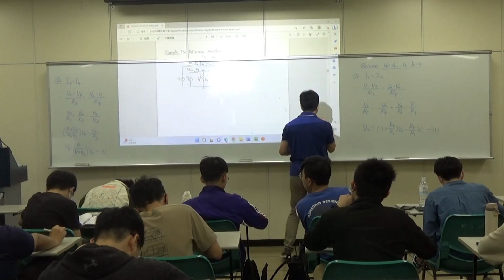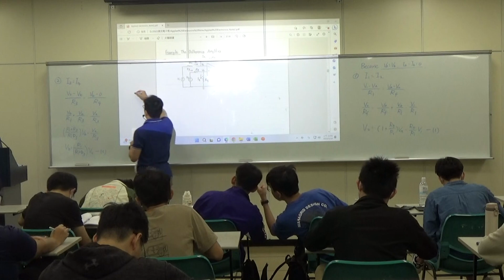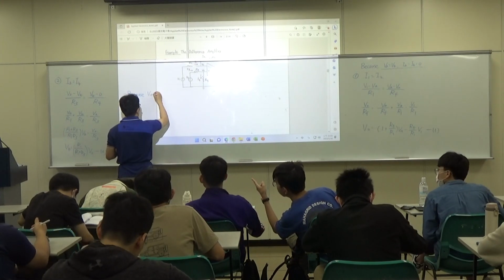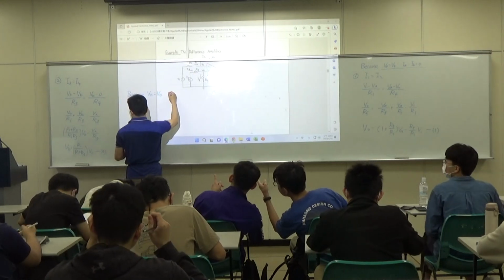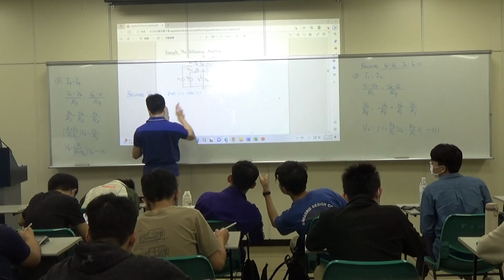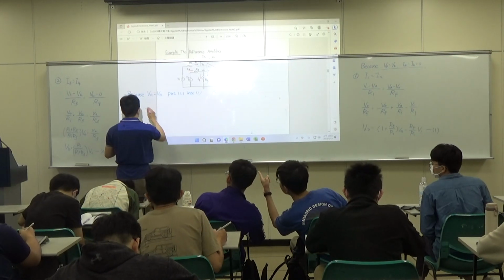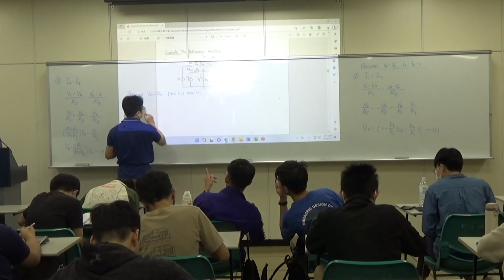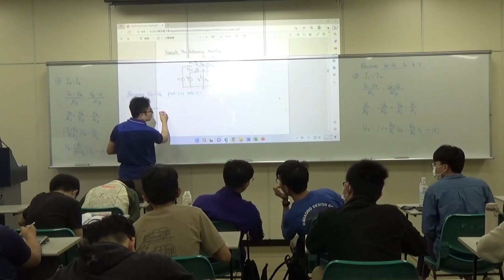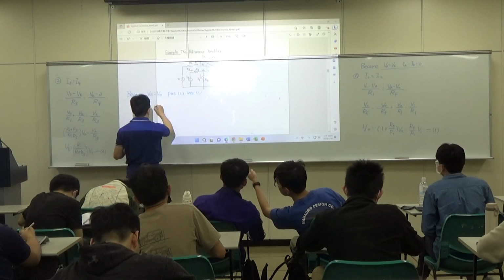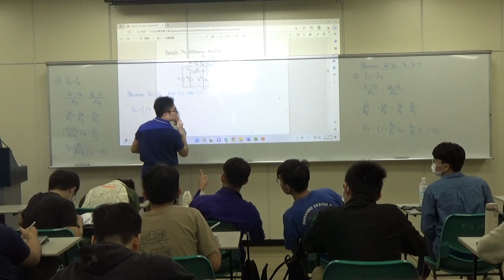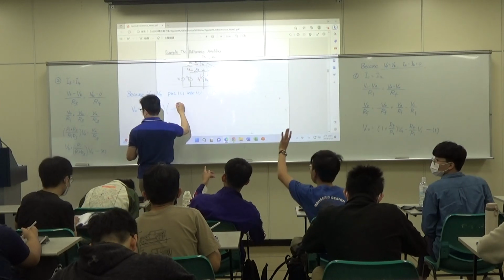Because VA equals VB, we have VO equals (1 plus RF over R1) times VB.